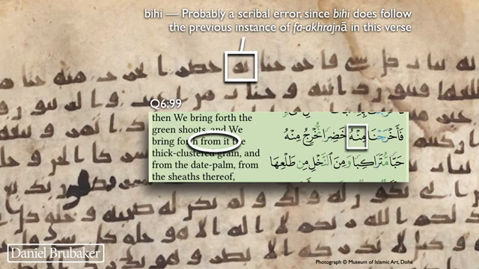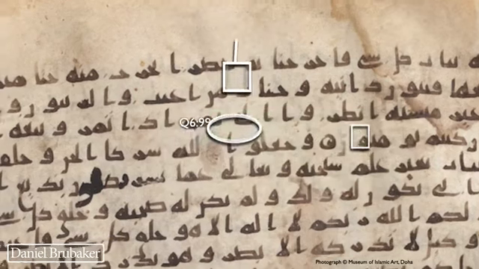So it seems possible that the scribe got to the second instance of the word and then wrote the word bihi, thinking that he was following the first occurrence, perhaps. The strange thing about it, however, is that instead of continuing with what follows the word bihi in the text as we have it in the Hafs, he instead continues on with the verse as it occurs after the word minhu in the Hafs text. So not entirely sure what's going on here, but that is what is existing in this manuscript.